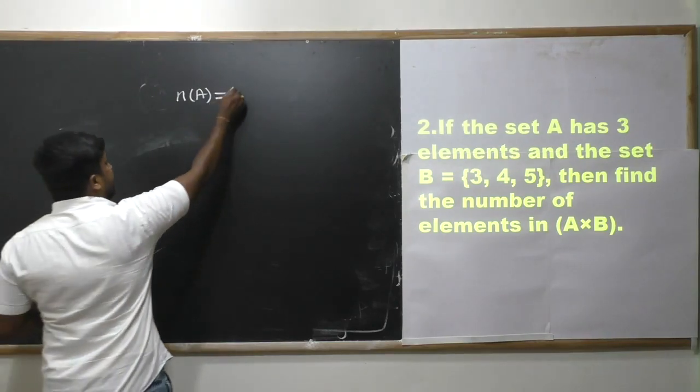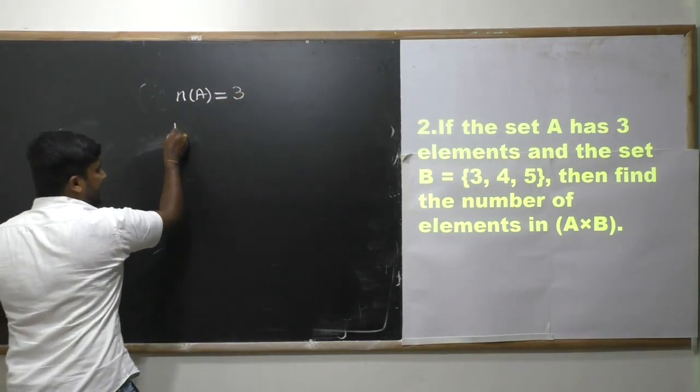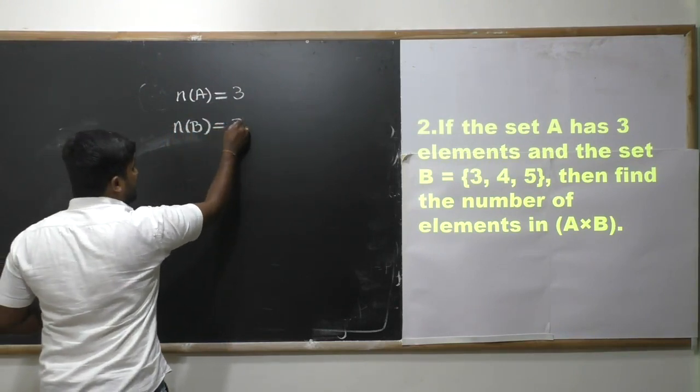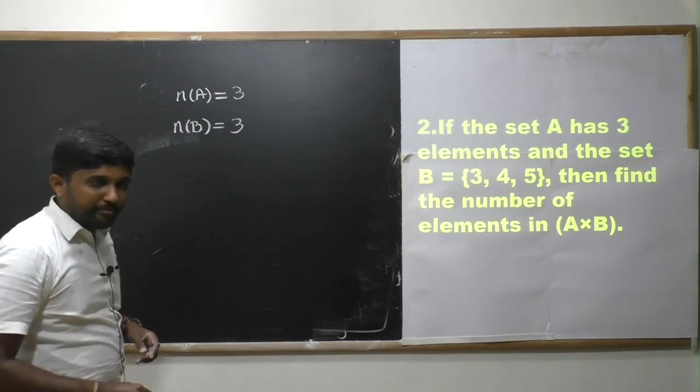Set A has 3 elements. And how many elements are there in set B? Set B also contains 3 elements.